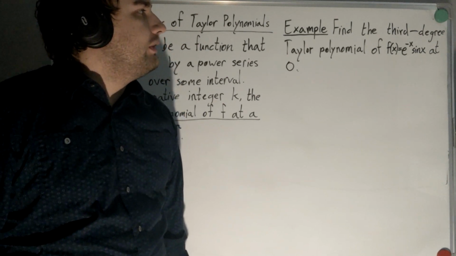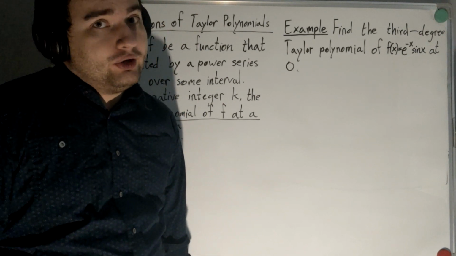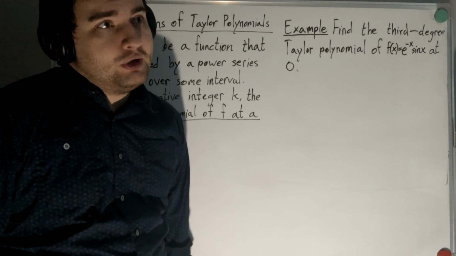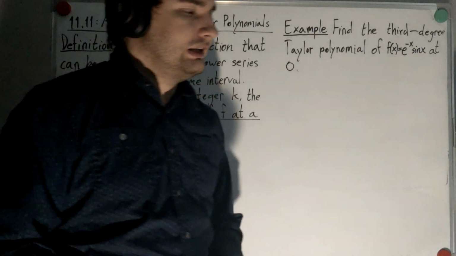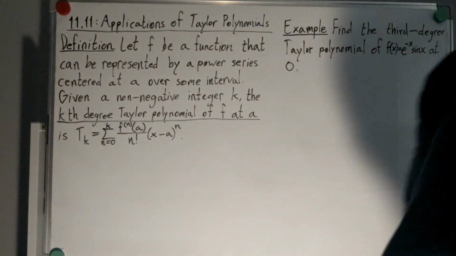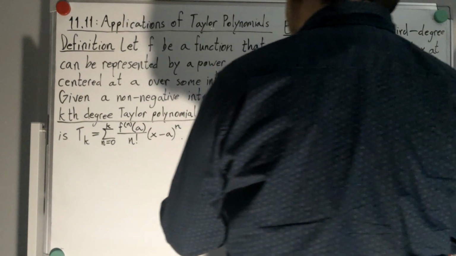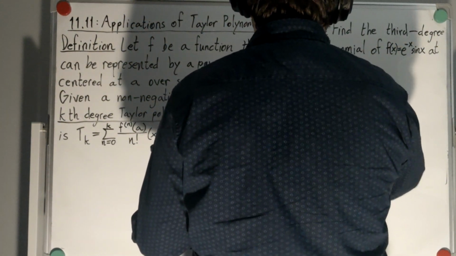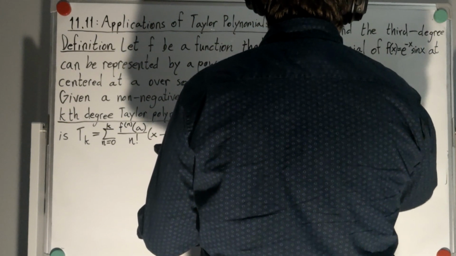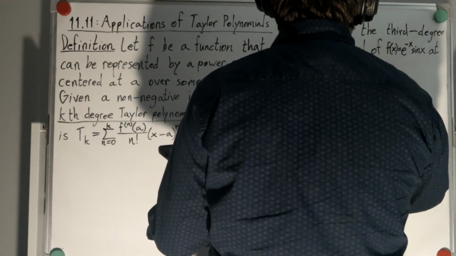But if you want to find just its third degree Taylor polynomial, then you know for sure that you only need 3 derivatives of this thing. Okay? And so the 0th derivative is going to be e to the negative x sine x.